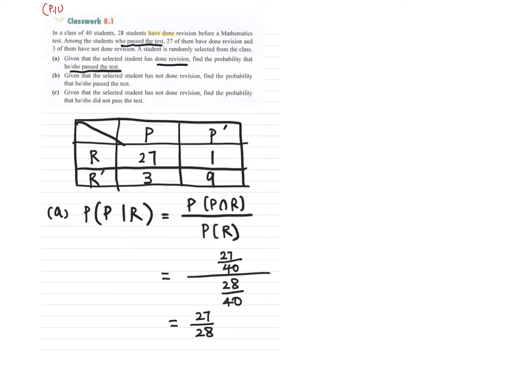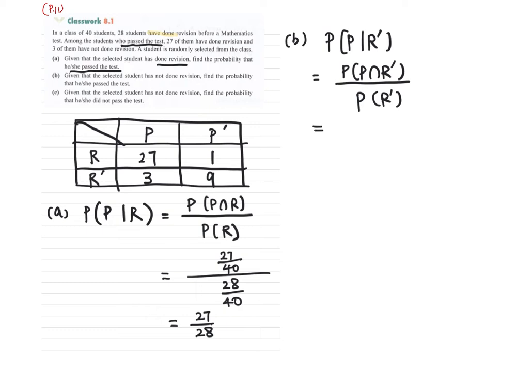Then look at part B. Given that she has not done revision, find the probability she passed the test. That means, given that she has not done the revision, and passed the test, so it's something like this. To find this probability, we have to find the probability of not R first, and then both pass and haven't done the revision.